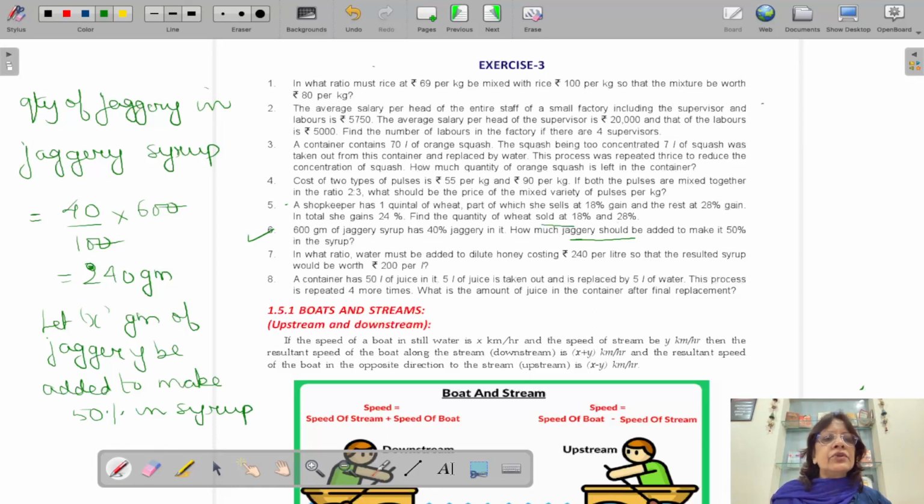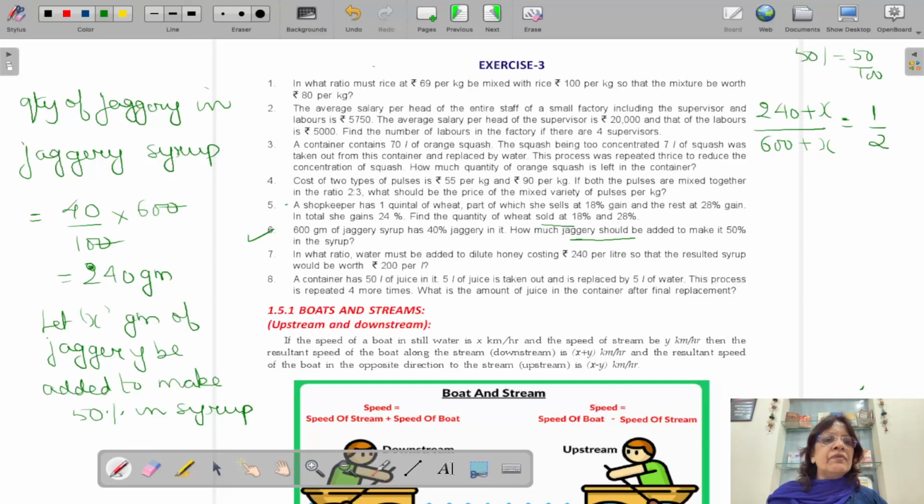So according to it, 240 plus x, and in the total also plus x will be added, because we are adding it. This will make 50% of the syrup. 50% means 1 upon 2, that is 50 upon 100.